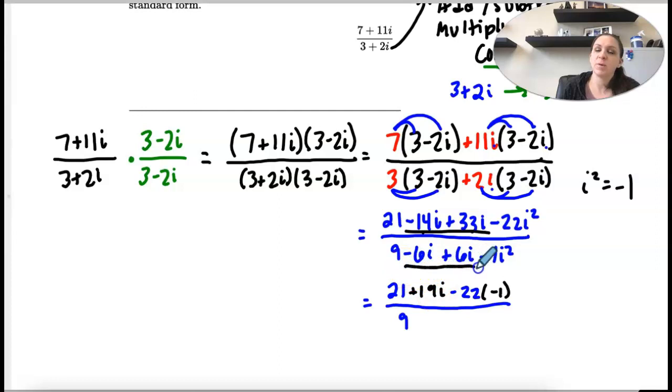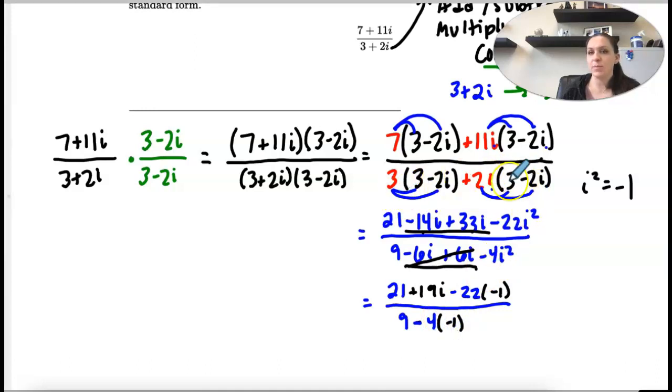Negative 6 plus positive 6 is 0. So this is 0i, but 0 times anything is 0. So these just go away, and then I have minus 4, and I'm replacing the i squared with negative 1.